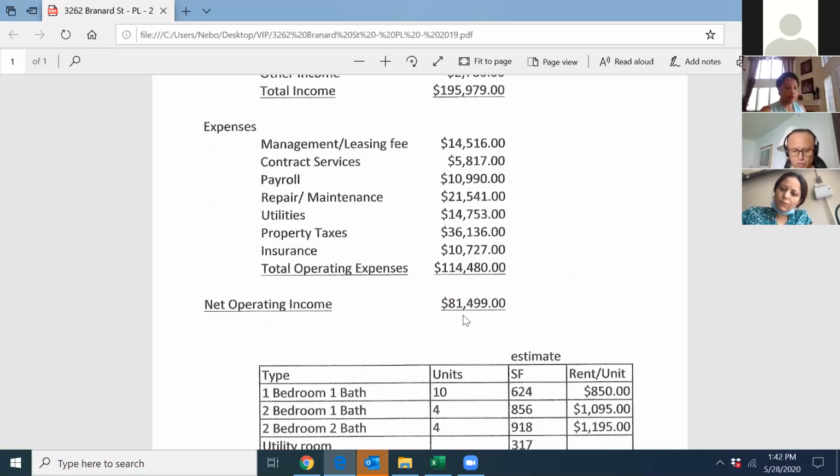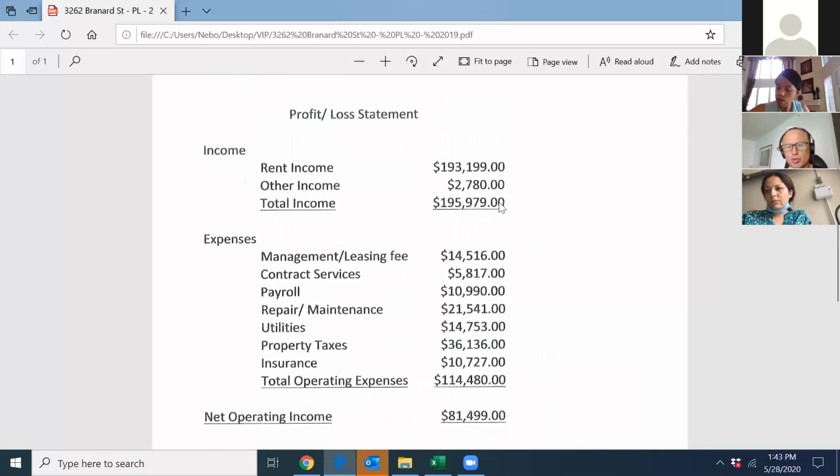You divide net operating income by the sales price. There was no sales price, but the broker gave an indication: they said I think you can get this for 1.9 million. This is a top location, C plus class property.